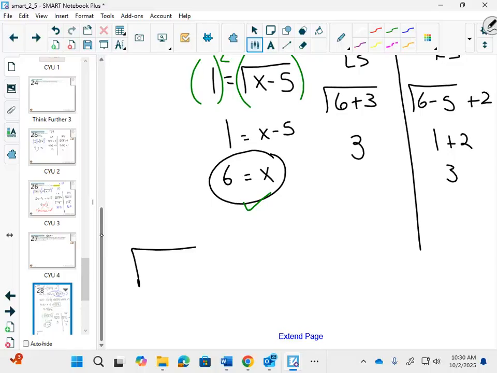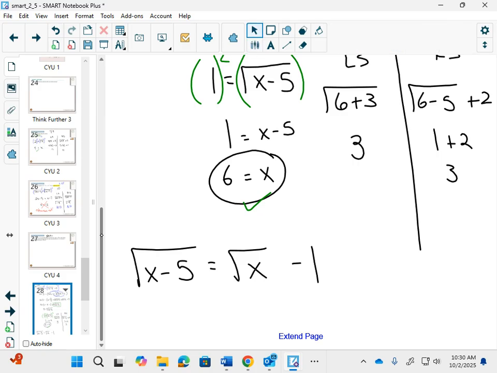So I have to do brain math. I picked one where the answer works.